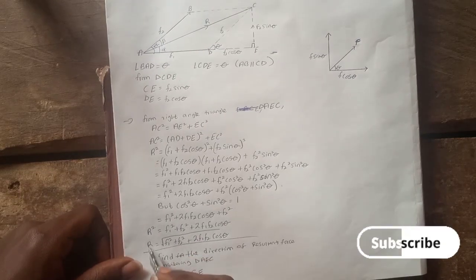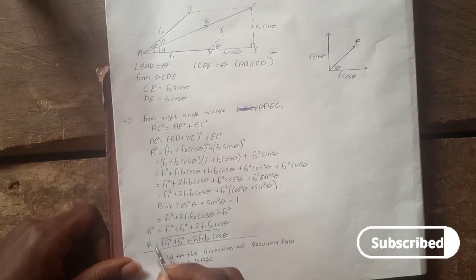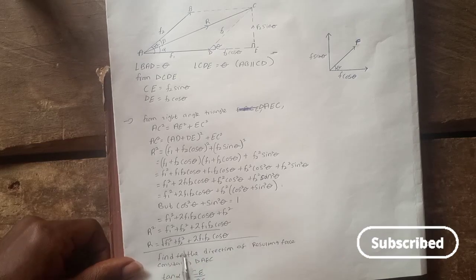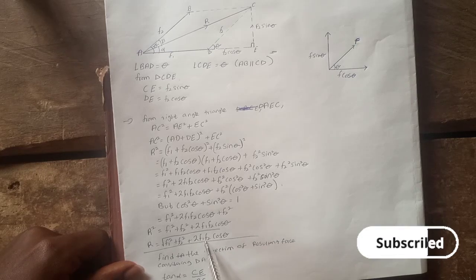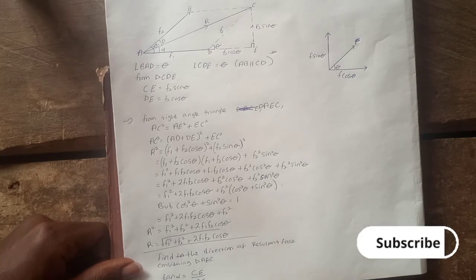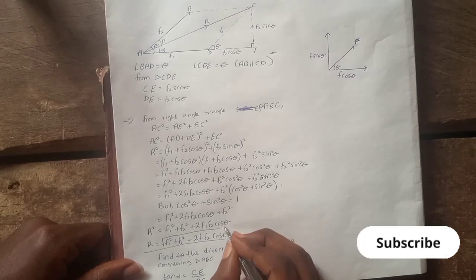Then by removing the square, you put square root on all this. It will be R equals the square root of F1 square plus F2 square plus 2 F1 F2 cos theta. So this will be our formula.